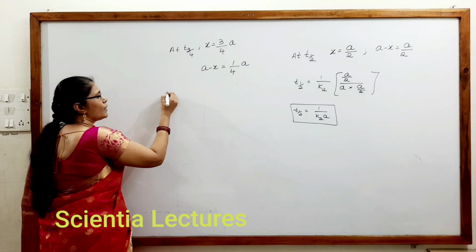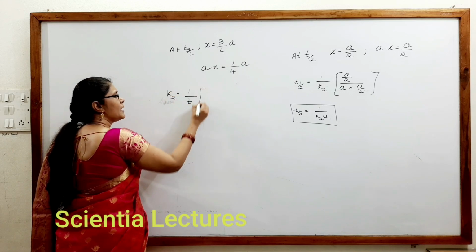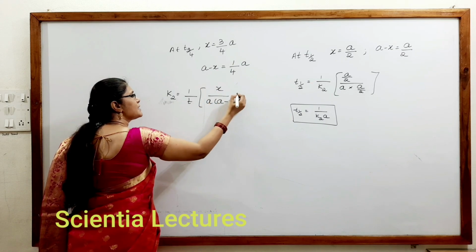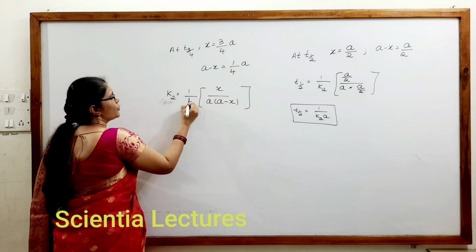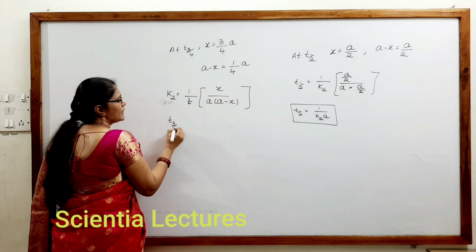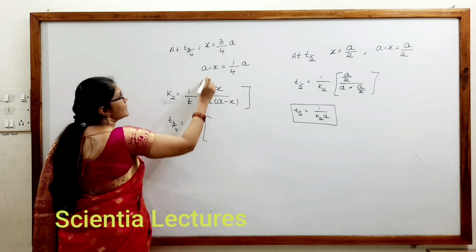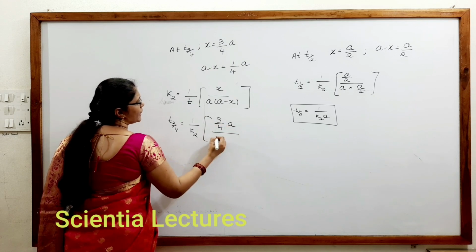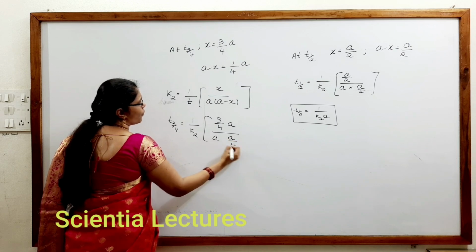Now, what is the second order rate equation? K2 is equal to 1 by t into x by a into a minus x. Now, substitute in this. Instead of t, if we put t3 by 4, t3 by 4 is equal to 1 by K2 into x, which can be written as 3 by 4th of a, by a into a minus x, which could be written as a by 4.